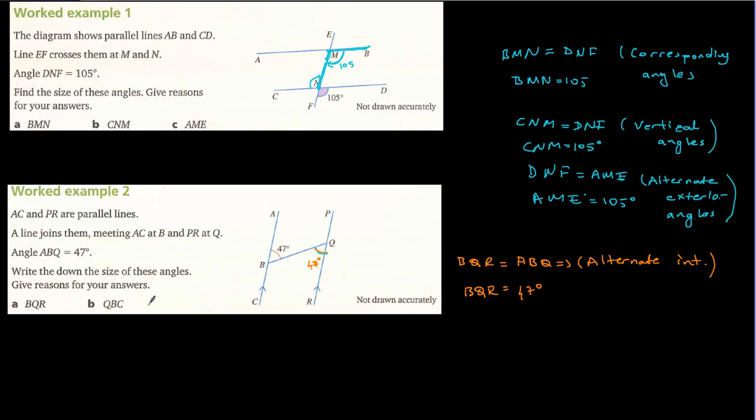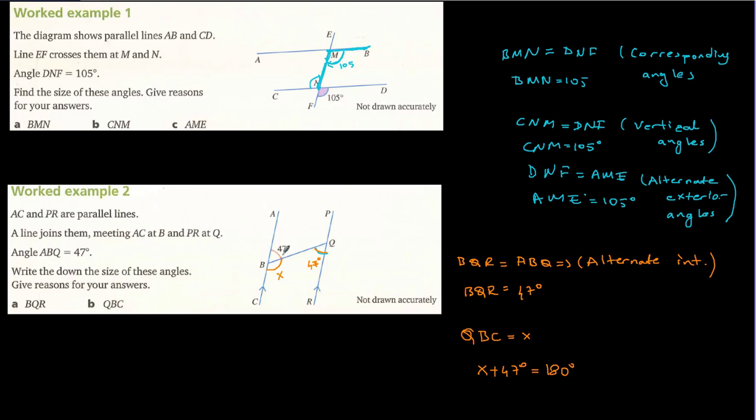Okay, the second one. QBC, Q, B, and C. Actually, we don't know the equal angle, but we know this one. If I name QBC, let's say, X, then X plus 47, I know that it's going to be equal to 180 degrees.